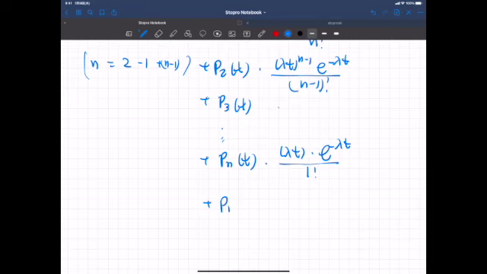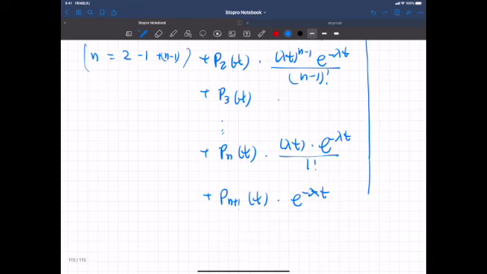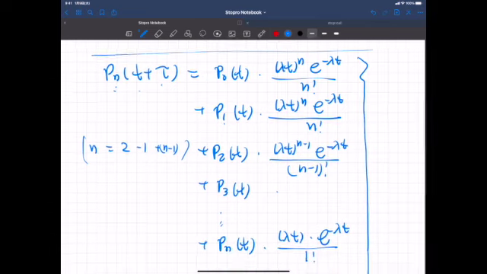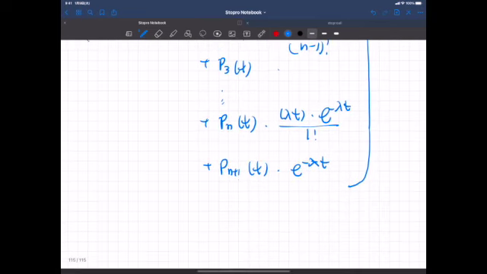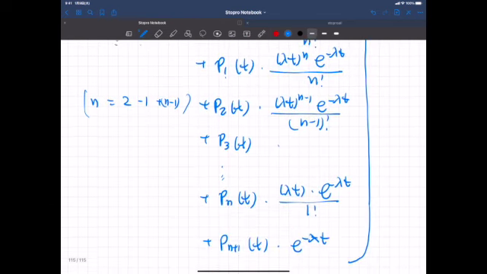And if there are n plus 1 customers at time t, then no new customers should arrive, and let one customer leave after the service. So that probability should be exponential of negative lambda tau. Okay, so these are all the possibilities that will lead to n customers at time t plus tau. So let's add them all and try to calculate these probabilities.